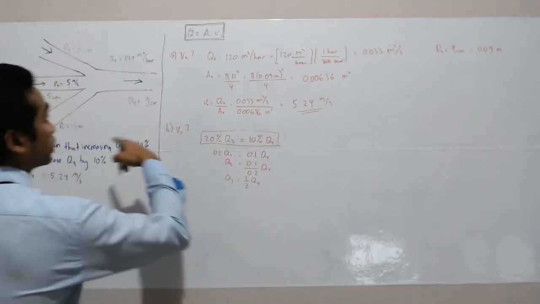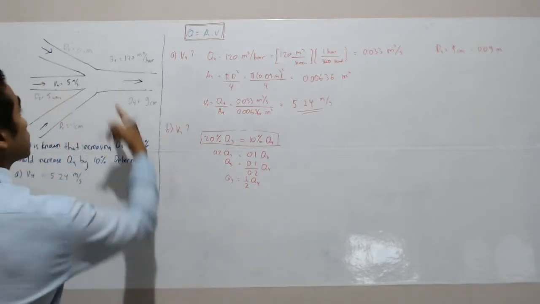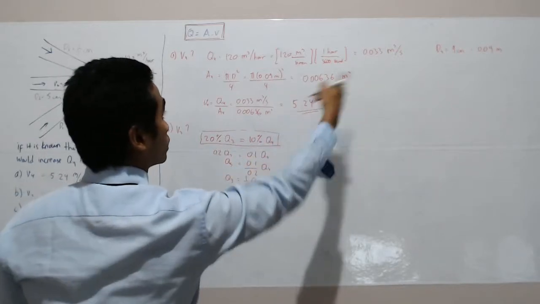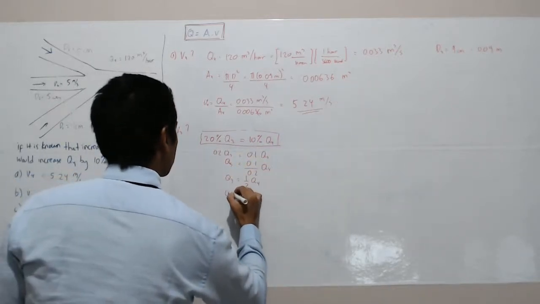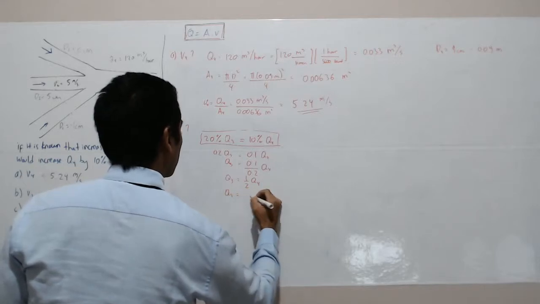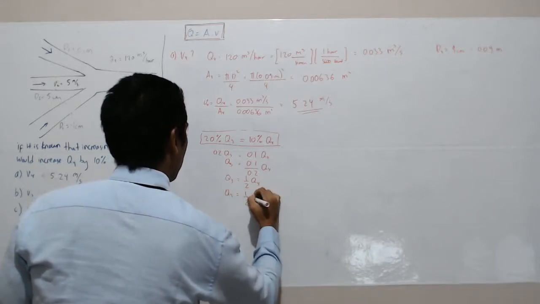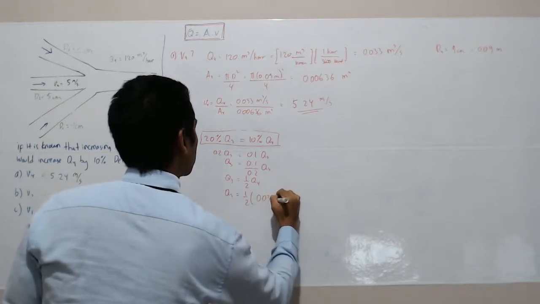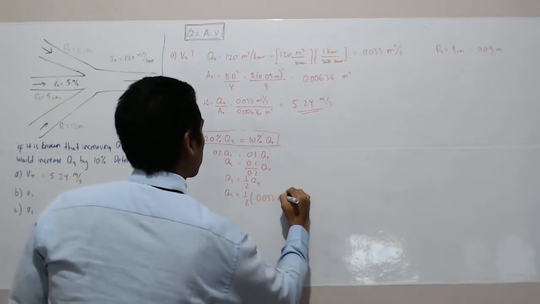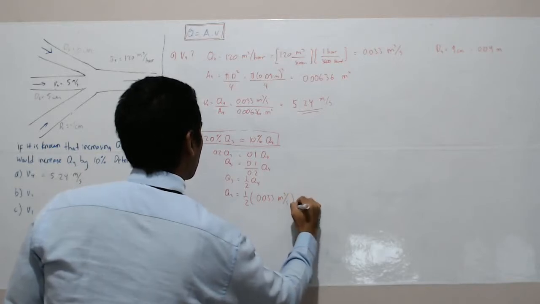So we already know that Q4 is 0.033 cubic meters per second. So Q3 will be equal to 1/2 times 0.033 cubic meters per second.